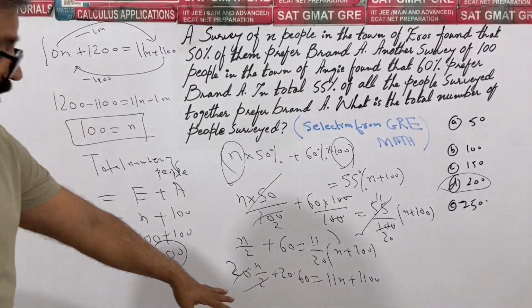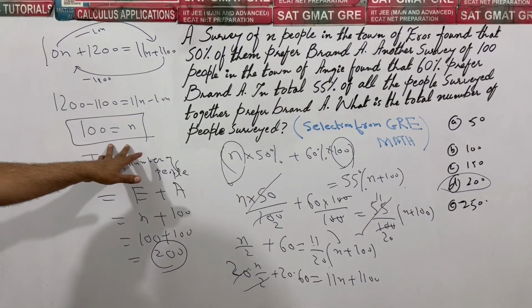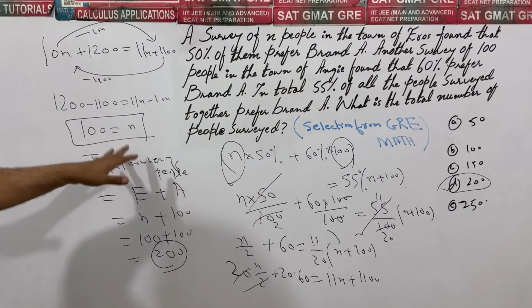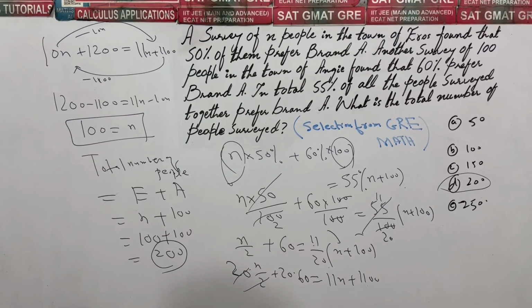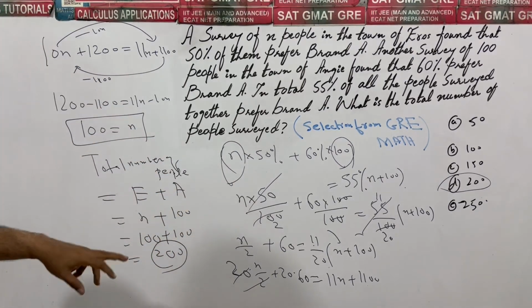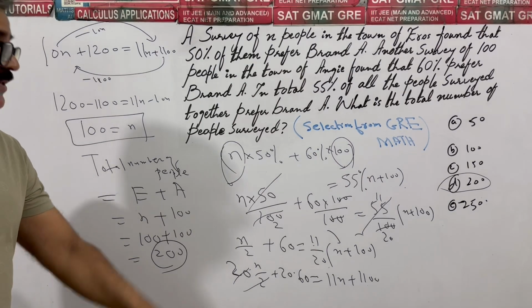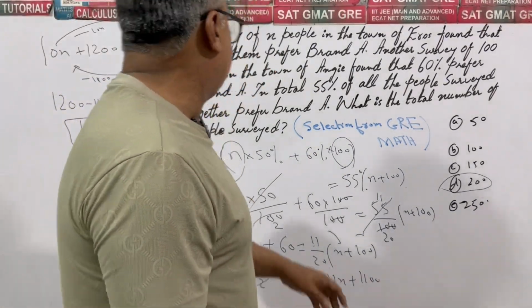Now I'm cross multiplying and solving for N. We are not asked to find the value of N. We are asked to find how many people were surveyed together, collectively. From NG, 100 people. From Eros, it's also 100 people. 100 plus 100, 200 is our right option in that case.